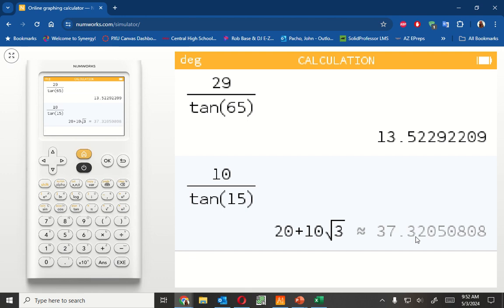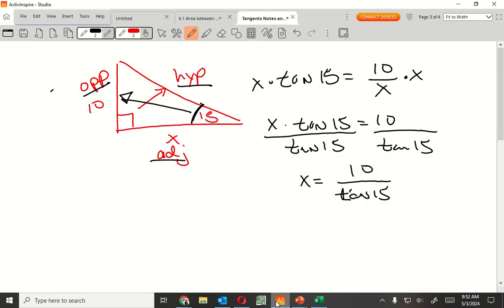I did it. It's come out right. Okay, there we go.